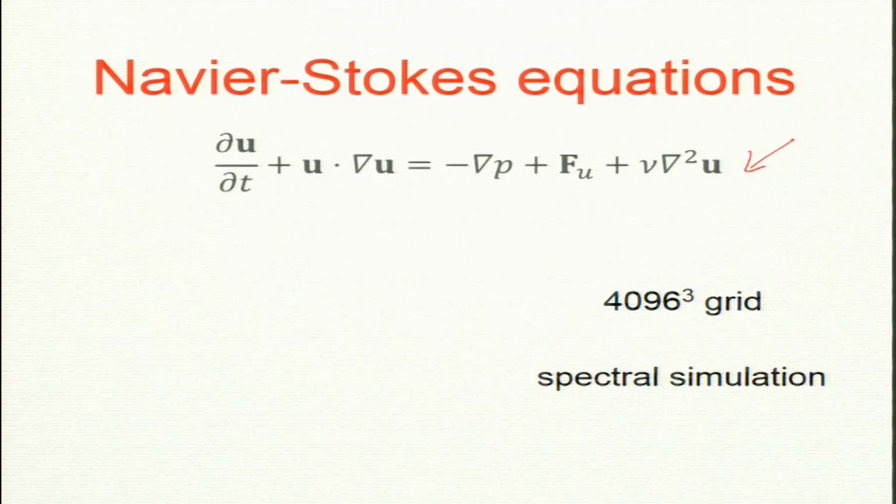This u dot grad u is a nonlinear term, similar to u dot grad theta. This pressure gradient I am going to describe a bit later, but I just want to give you some idea, this is forcing and this is a viscous term. We will discuss in more detail, but I just want to tell the problem, what the turbulence problem is.